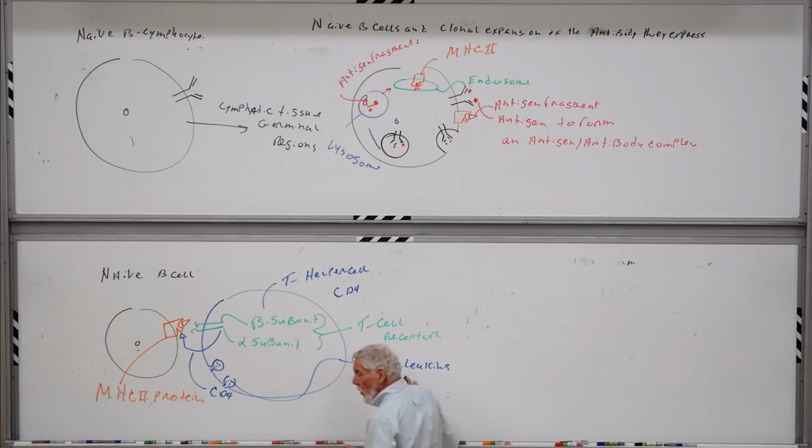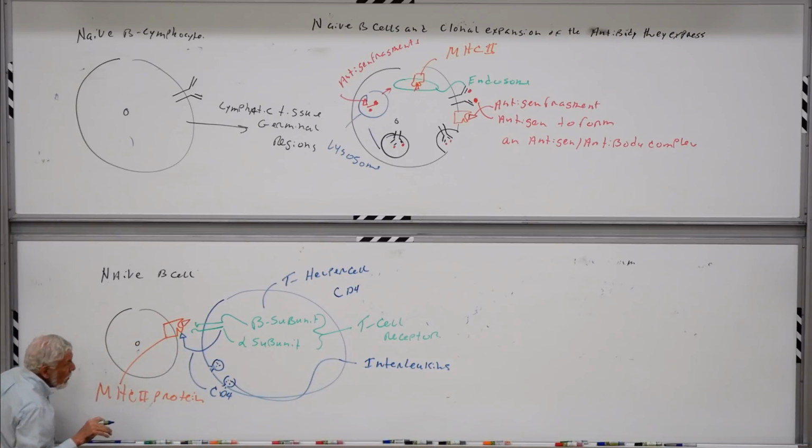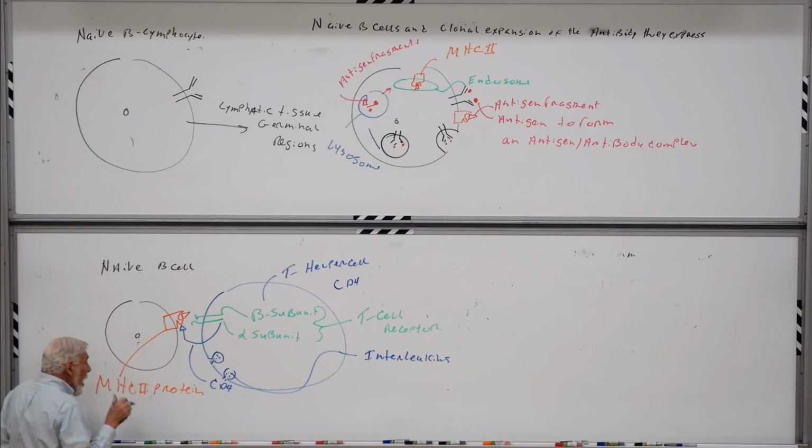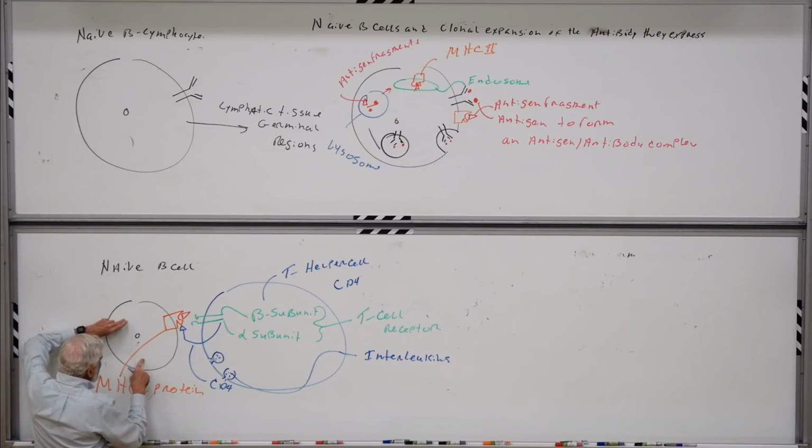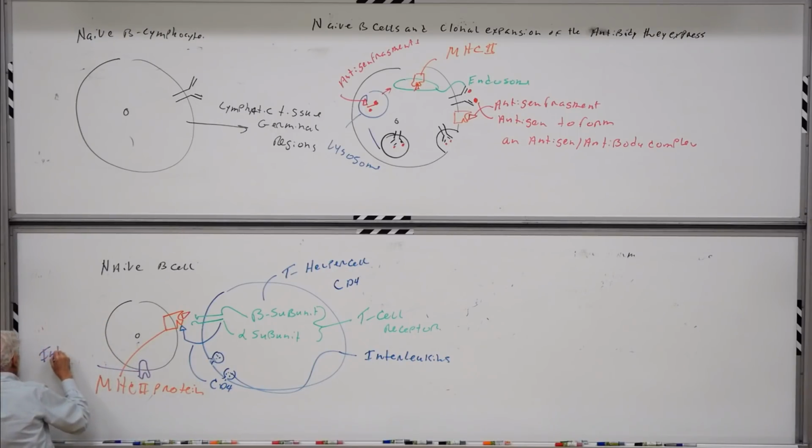There are a long list of interleukins. The one that's probably important here is interleukin 4 and maybe interleukin 5. The main idea, though, is that there's going to be on this cell, I'll put it in purple, on this naive B cell, an interleukin receptor.